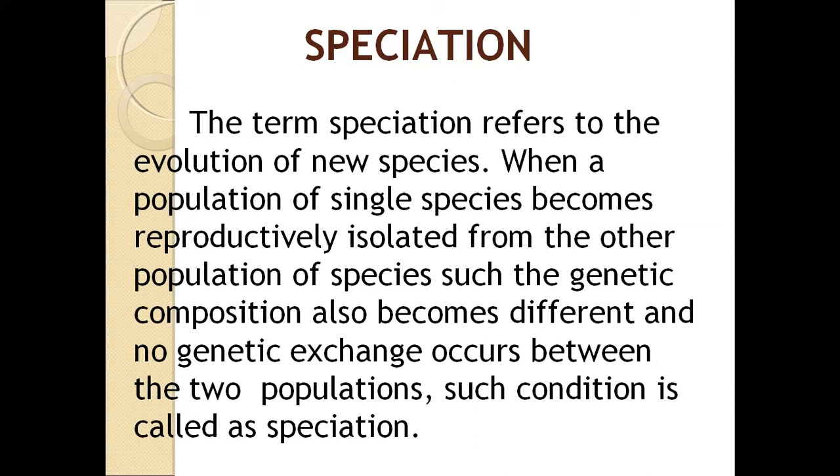When it is separating from the other members, it is developing its own different characters. The organism which is developing its own characters, these characters will be different from the members of the population.